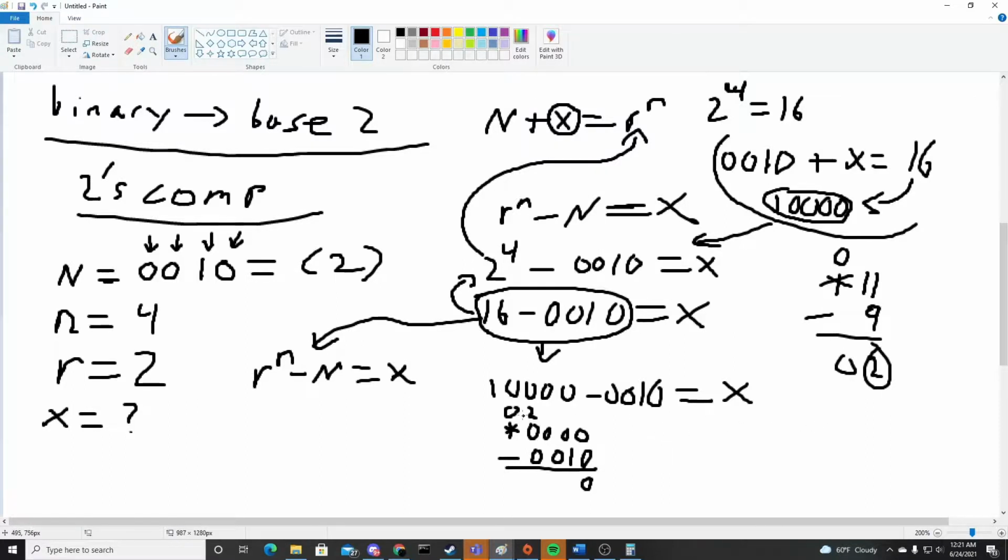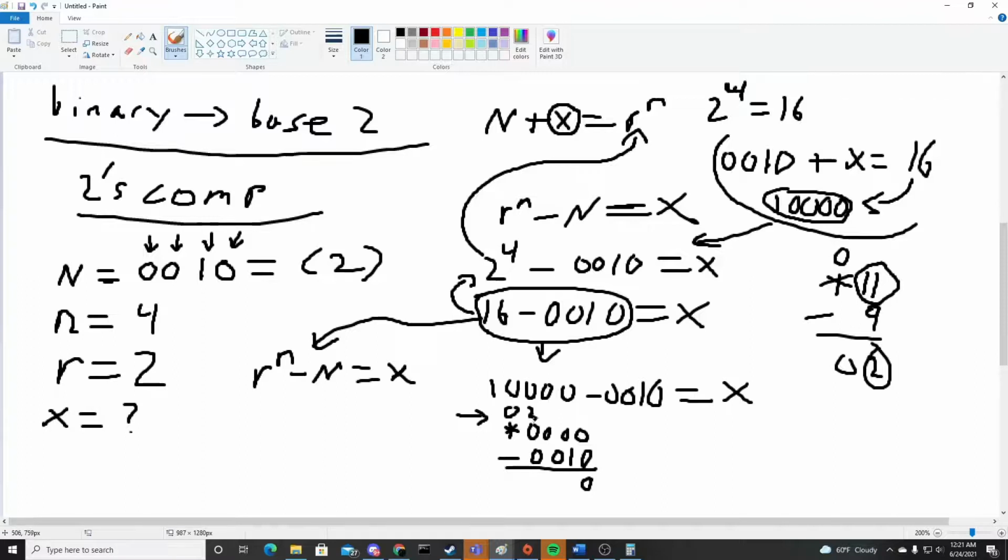But in binary, working with base 2, when you borrow a value, so here for example, how we borrowed from this 1 at the end of our 10000, this became a 0. When we move it to the right, it becomes a 2 because we're in base 2.